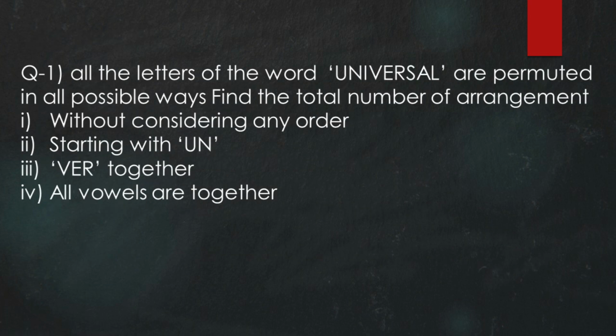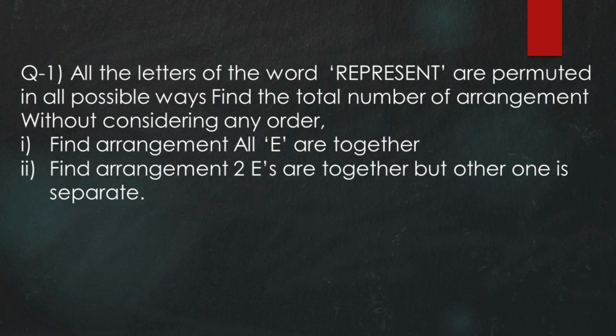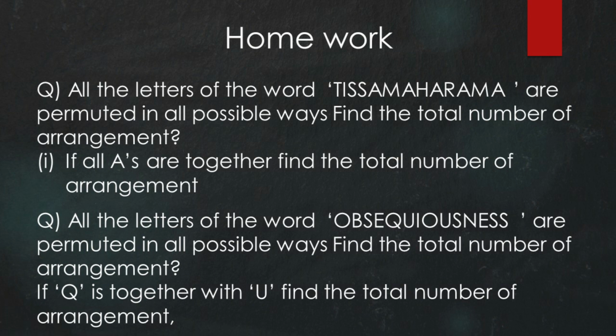This is the homework that I gave you under the first theorem. This is another homework, represent word, and these two are also 2 other homeworks. You can try it.